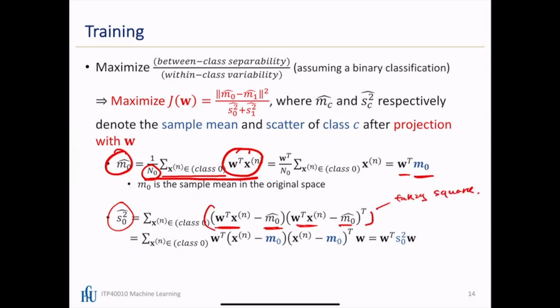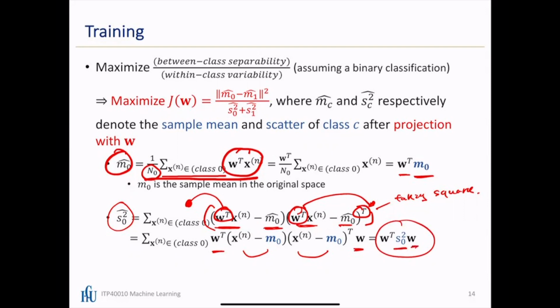That is equivalent to putting W outside of the parentheses: the difference between each instance and the mean, times the difference between each instance and the mean. W gets outside because we have the transpose here. Eventually we can write it as W transpose, variance from the original space, and W.